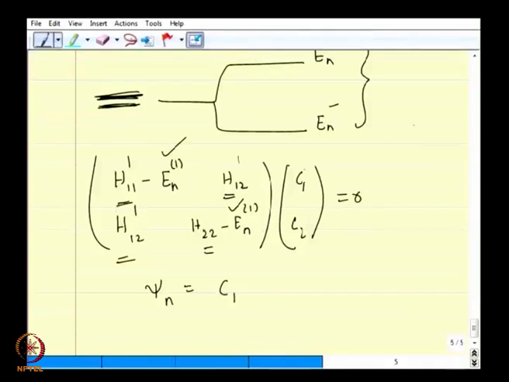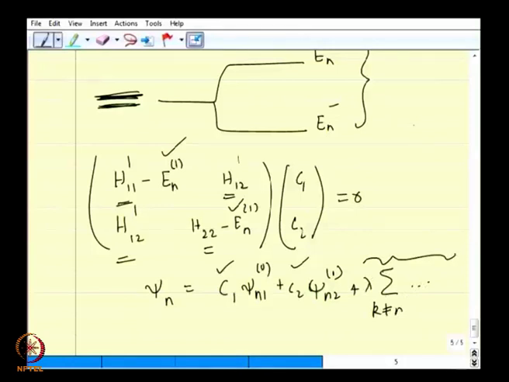So you will still get, when you normalize this to C1 psi n1 0 plus C2 psi n2 0, you will get to know these two things, and of course you do not know the other terms, namely lambda sum over k not equal to n, whatever that is, but you remember that is a first order correction to the wave function. We never needed it to determine the first order correction to the energy.